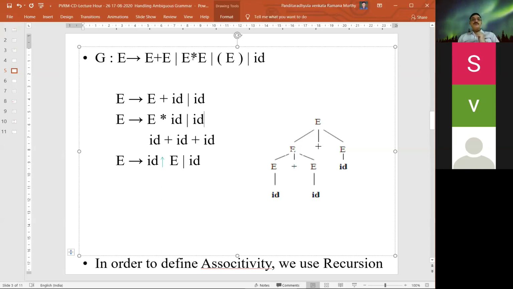We always want to expand the first E only. Expanding the first E means we are handling first plus first, or first multiplication first.